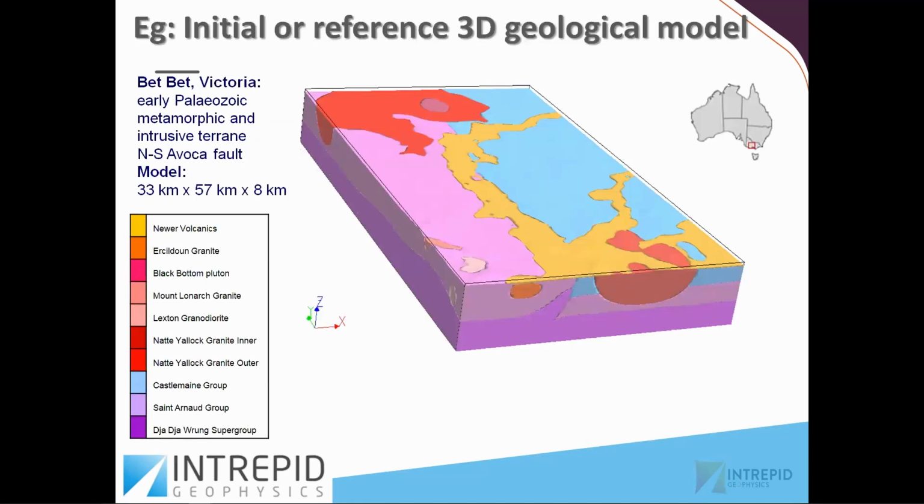This is one of the examples from the bed geological model we have created as a case study from Southern Australia, the Victoria region. Initially, based on prior information from surface geological maps, drill holes, and some basic understanding of the geology, we are able to create a starting geological model.